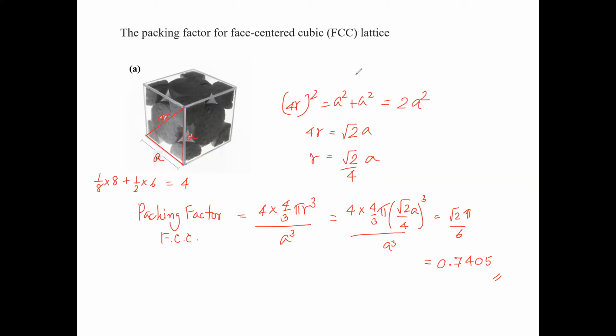And I will show you more common structures like diamond. You know what diamond is, right? And hexagonal, okay? And maybe some other example like sodium chloride, something like that. The easiest one, okay?